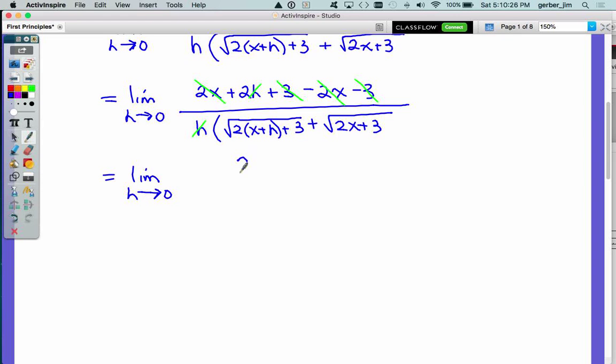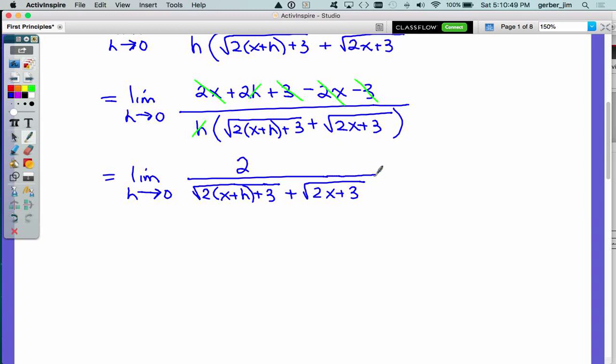And in the numerator, I'm left with a 2. And in the denominator, I'm left with a square root of 2 times x plus h plus 3 and a square root of 2x plus 3.